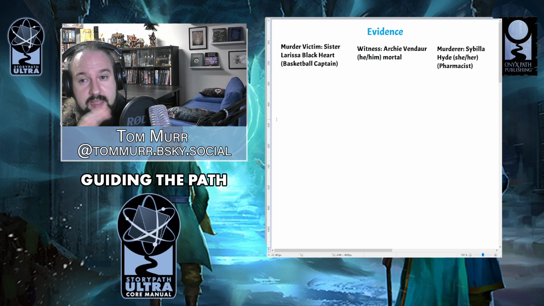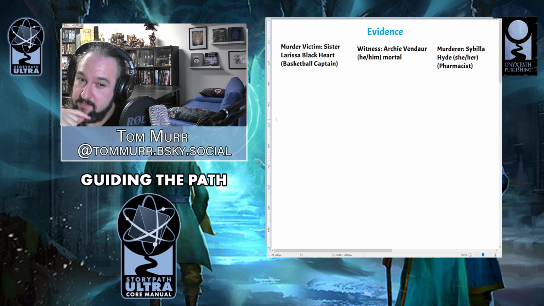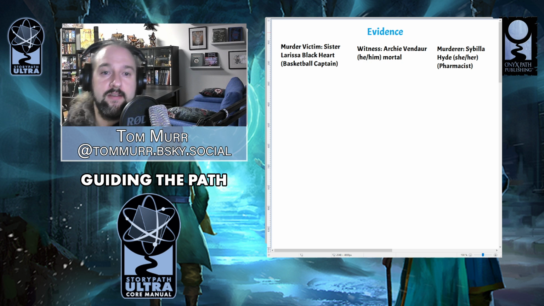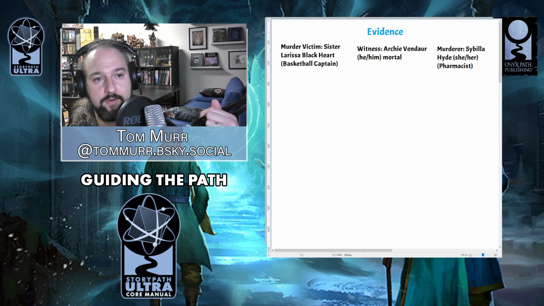Now let's add to these characters and get them a little bit into a relationship with each other. These are information that we can then later spread and use during our scenario.